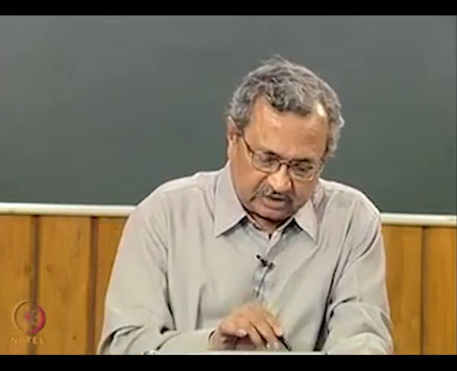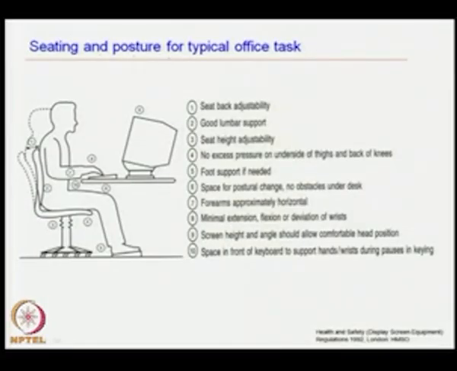Now, if we see the sitting and posture for a typical office task, if this is a specific work area, work posture, here we can say what things are there. So, one, that the seat back is adjustable. Number 2 is good lumbar support here.